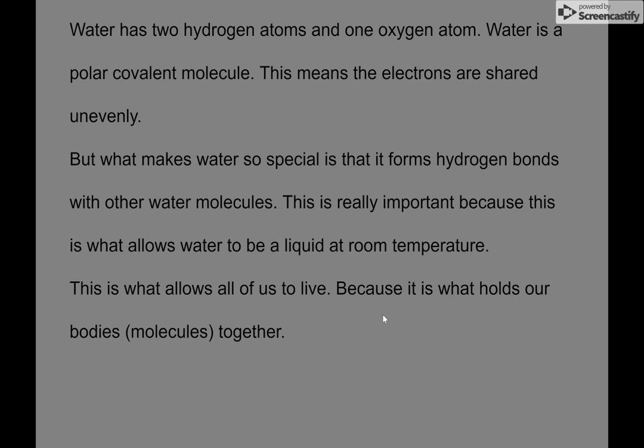And what is really important about the fact that water forms hydrogen bonds is that hydrogen bonds give water all of its special properties. And those special properties are what allow us to be alive. Without that interaction between water molecules, we wouldn't exist as we know it because it holds our bodies together.